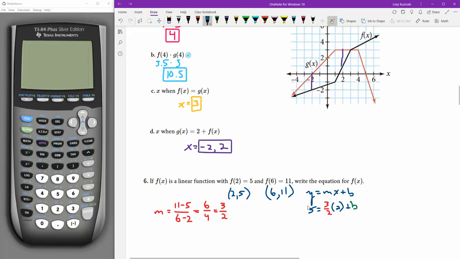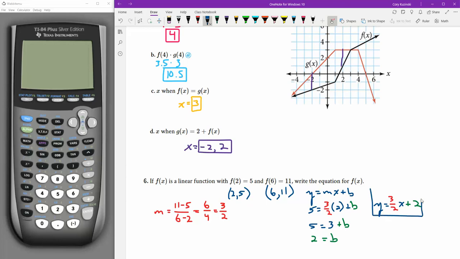So 3/2 of 2 is 3. And when we subtract 3 from both sides, we get 2. So that's our y-intercept. And now we can write our equation. Y equals 3/2 times x plus 2.